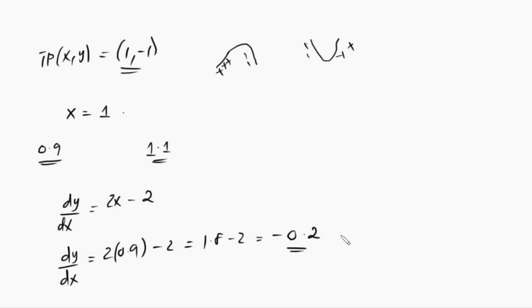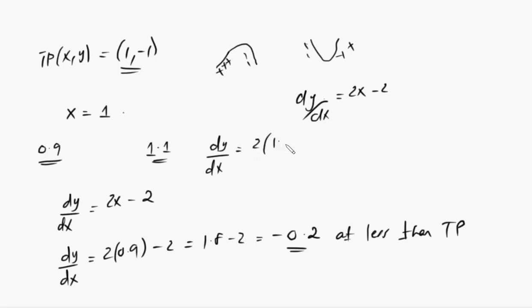So this one is at less than the turning point. Now what about at greater than the turning point? So dy dx equals 2x minus 2. So dy dx now is going to be equal to 2 times 1.1, greater than 1, okay? Greater than the turning point, minus 2. This 2.2 minus 2 is equal to what? 0.2 positive. So at greater than the turning point.